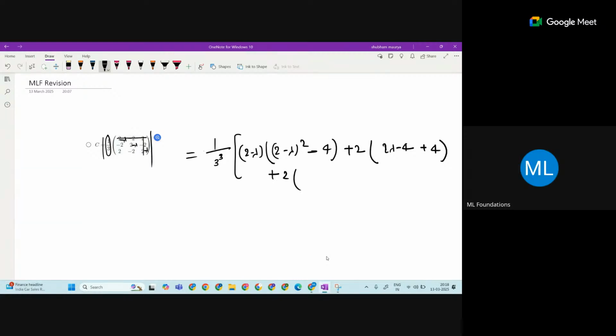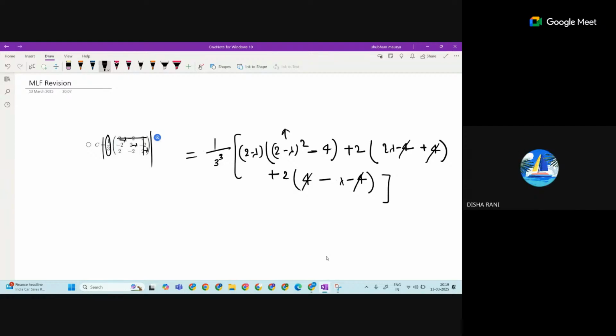So this is going to be 4 minus 2 minus lambda, which is 4 lambda minus 4. So this we cancel out.